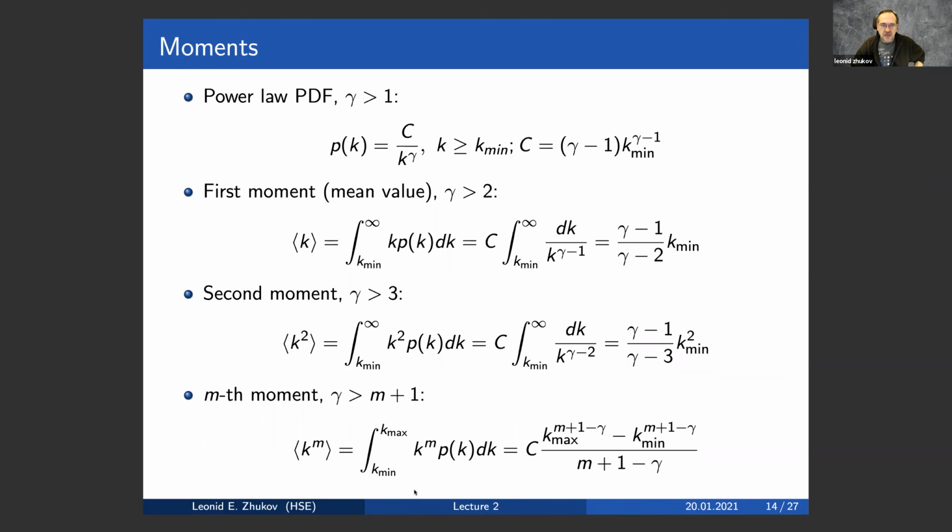Well, this is our distribution. And well, we have this restriction, and that's normalization. Let's try with this distribution to calculate average node degree, right? When you have a finite network, a finite number of nodes, how do you compute average node degree?